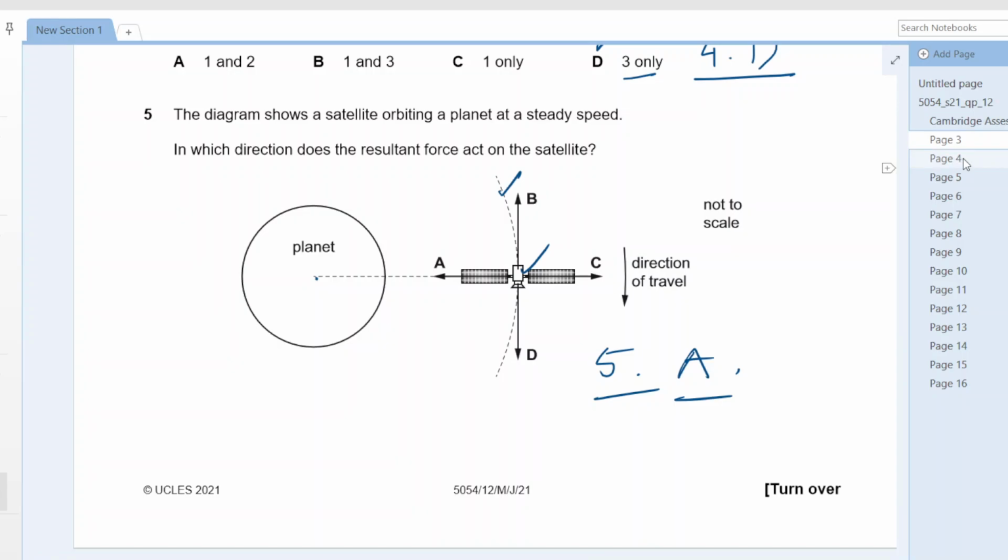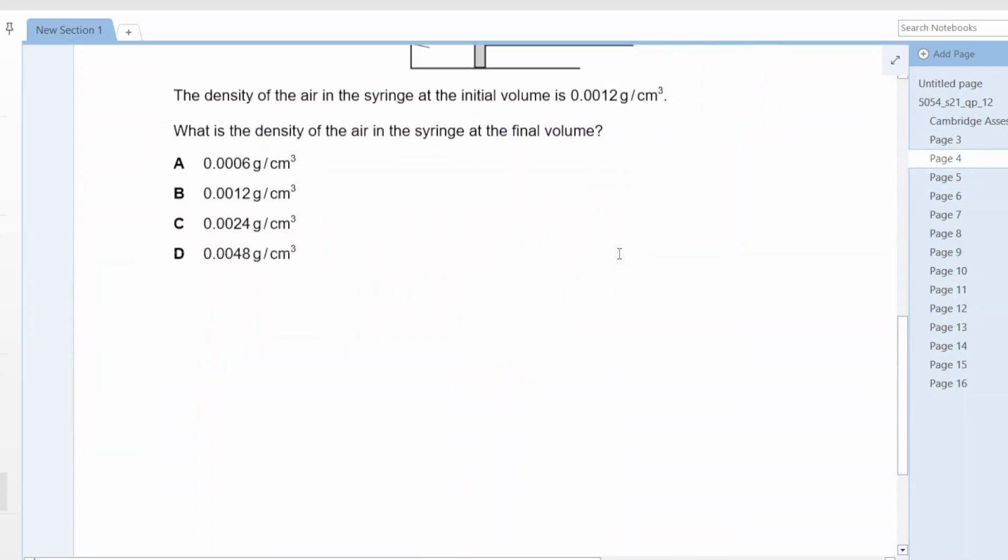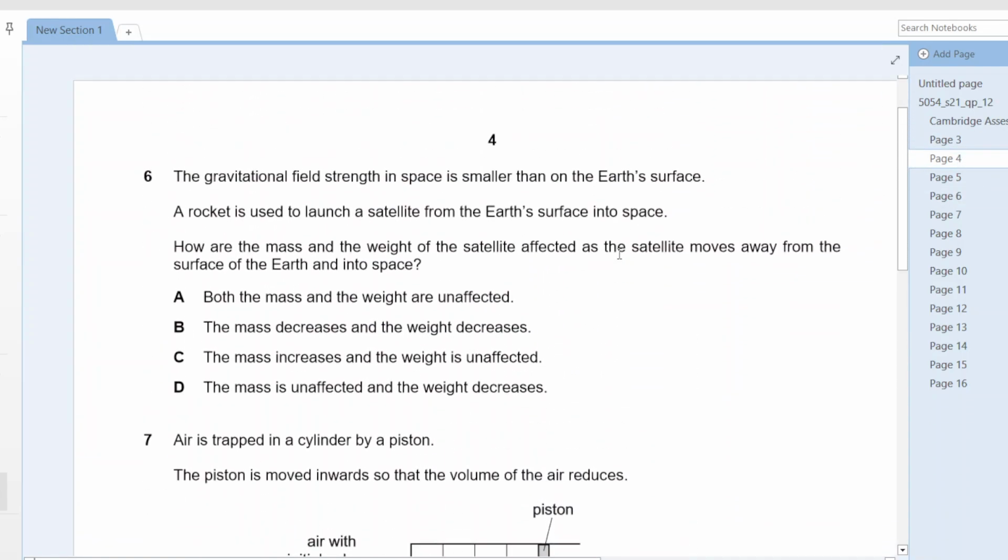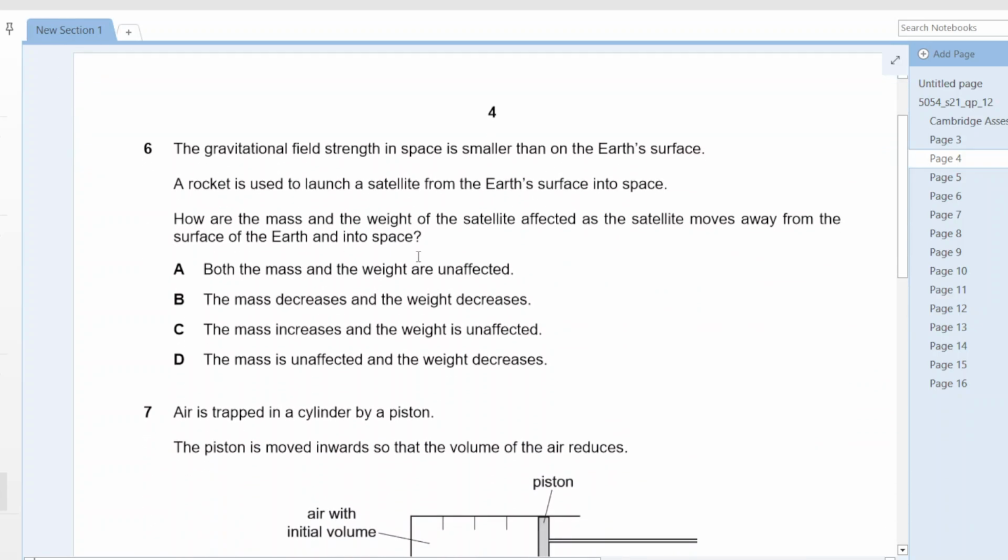Now, okay, the gravitational field strength in space is smaller than on the Earth's surface. A rocket is used to launch a satellite from the Earth's surface into space.